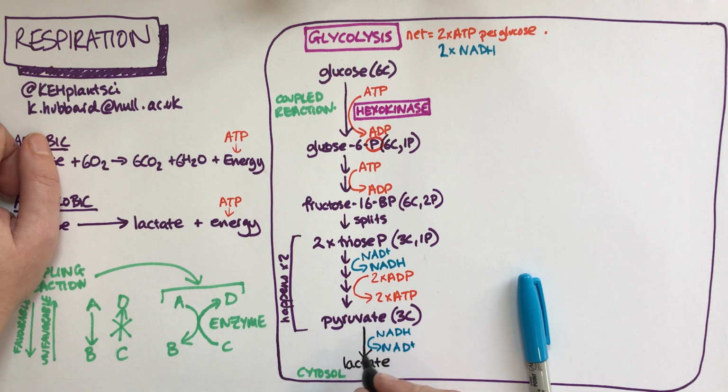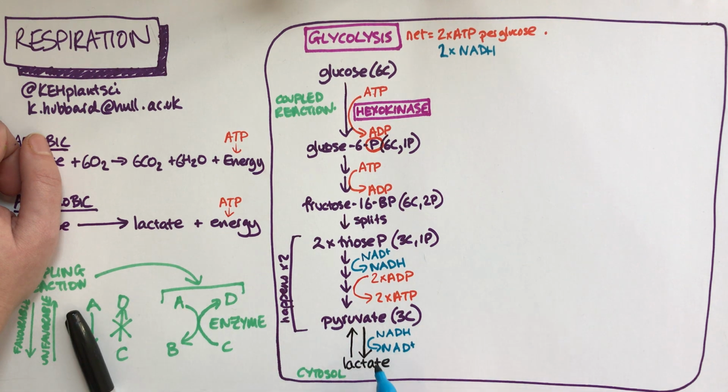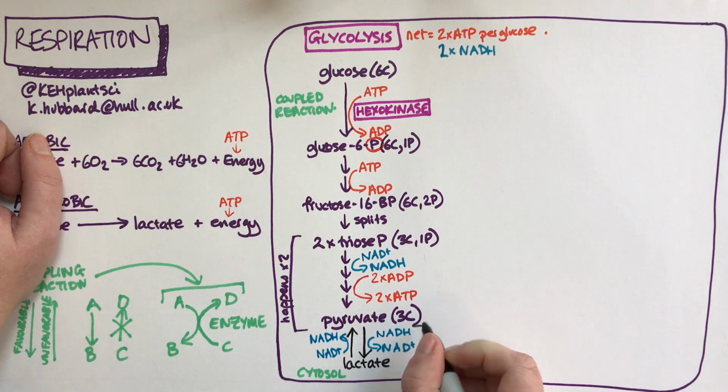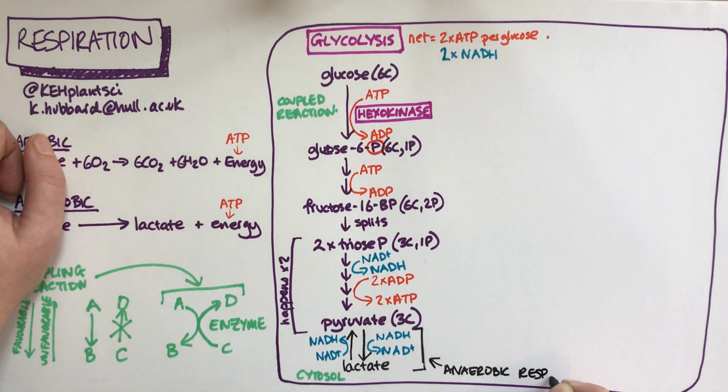That means this whole cycle can go and we can still get those last couple of ATP molecules out. But lactate is a metabolic dead end. The only thing that can really happen to lactate is it can be converted back to pyruvate. So we go back, NAD+, NADH. So that is anaerobic respiration.